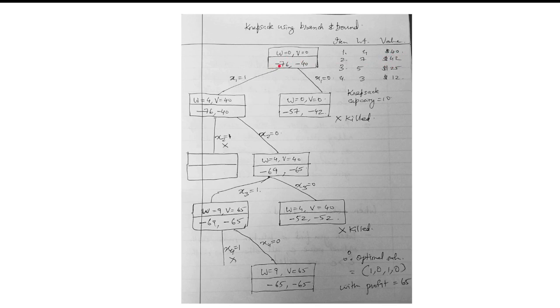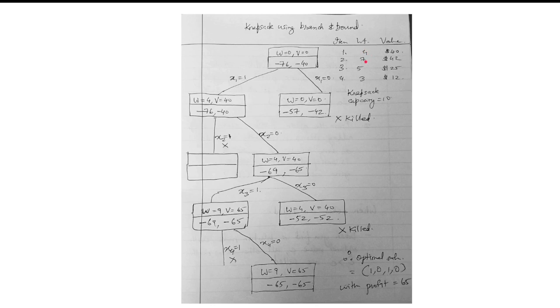Invert the sign. Then the upper bound can be obtained by adding items one after the other until the weight is exhausted. If you do that, you will add the first item, 4, but you cannot add the second item because it has a weight of 7. This upper bound means you have to add items one after the other entirely, not partially, not fractionally.